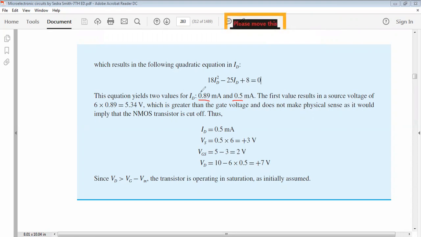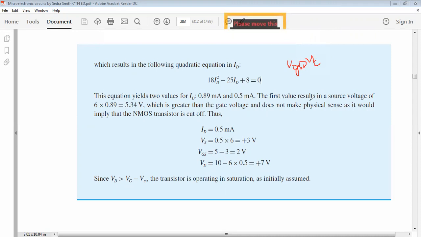Now we have to validate which ID is correct, whether 0.89 milliampere or 0.5 milliampere, by calculating VGS again. If VGS is greater than VT, the corresponding current is correct.